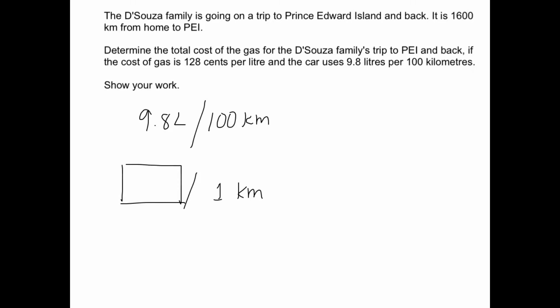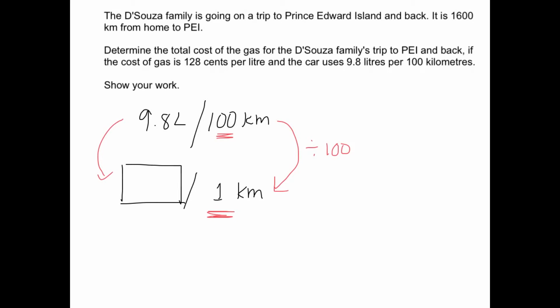So how are we going to determine how much gas is used for every 1 kilometer? We know the rate for every 100 kilometers, but we need to know the unit rate, the amount for every 1 kilometer. Well, how do you reduce 100 to 1? Think about it. Anytime you divide a number by itself, it reduces to 1. So 100 divided by 100 is equal to 1. Well, if the second term was being divided by 100, what do you think you need to do to the first term?